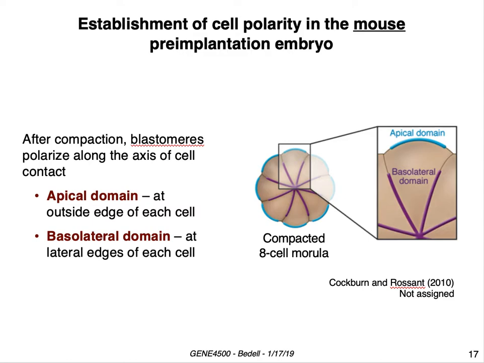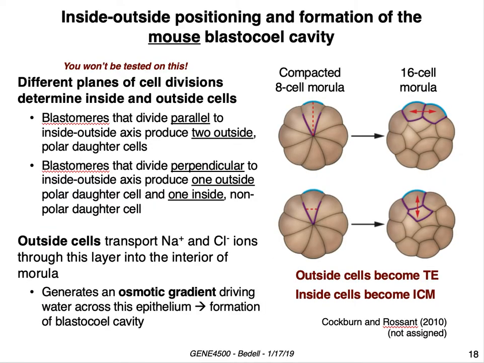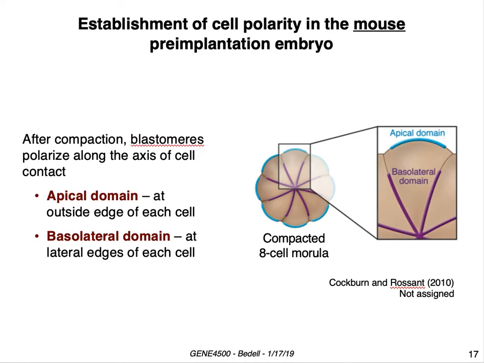Yes? What's the significance, if any, of the number of cells that it gets to before it starts to hatch? Well, I think the numbers are important. I don't know if it's the absolute numbers, but somewhere in the 8 cell to 16 cell stage where compaction starts, the numbers are important.